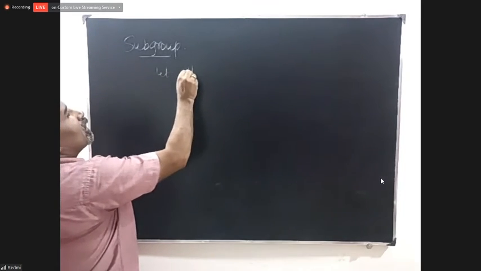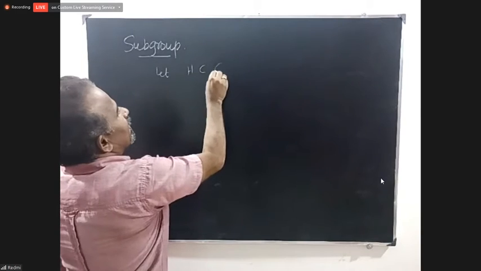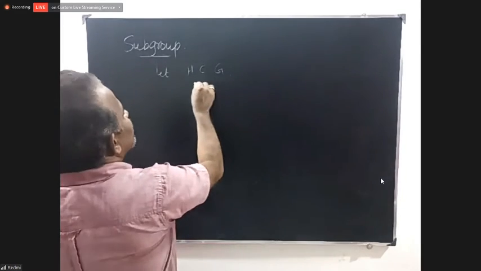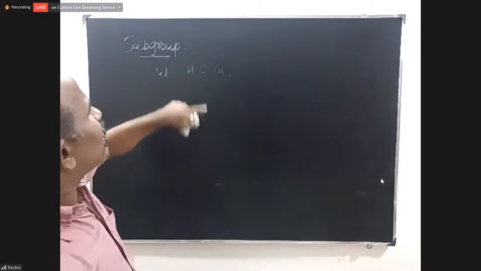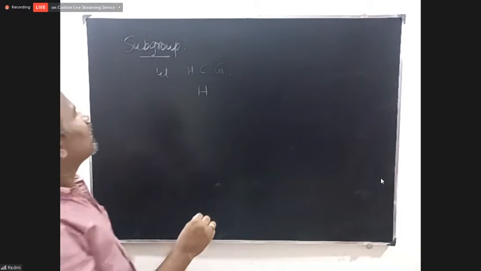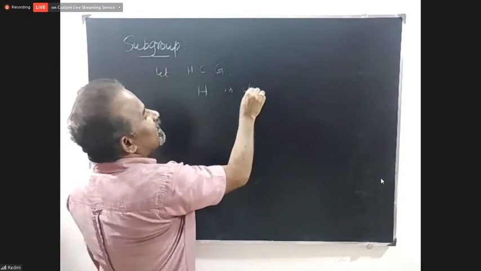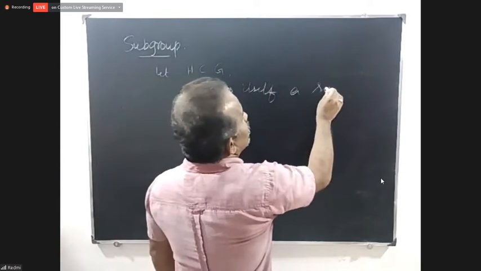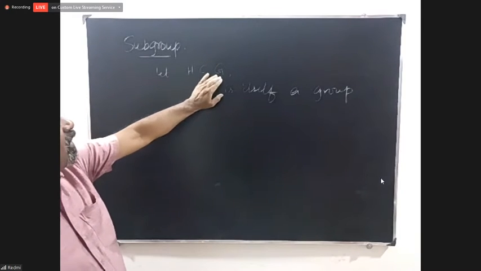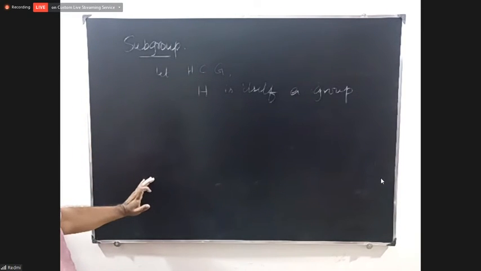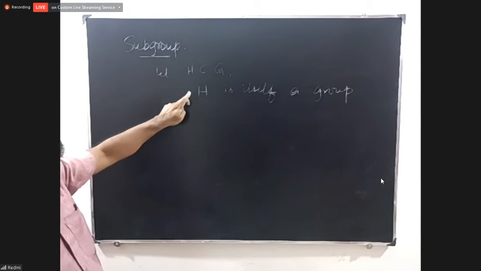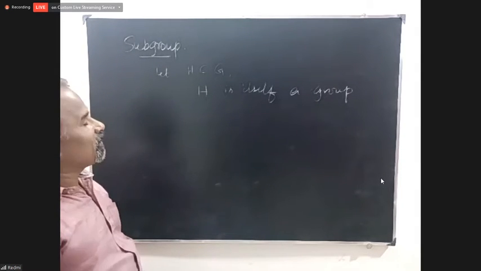Let G be a group, H be a non-empty subset of G. This non-empty subset is said to be a subgroup if H is itself a group. So any subset which satisfies all the conditions of a group, then we say that H is a subgroup of G.